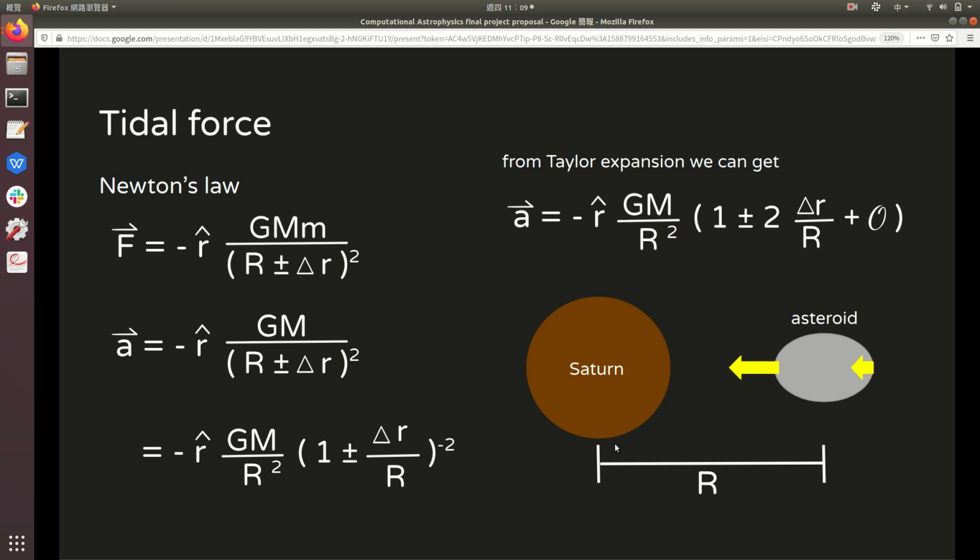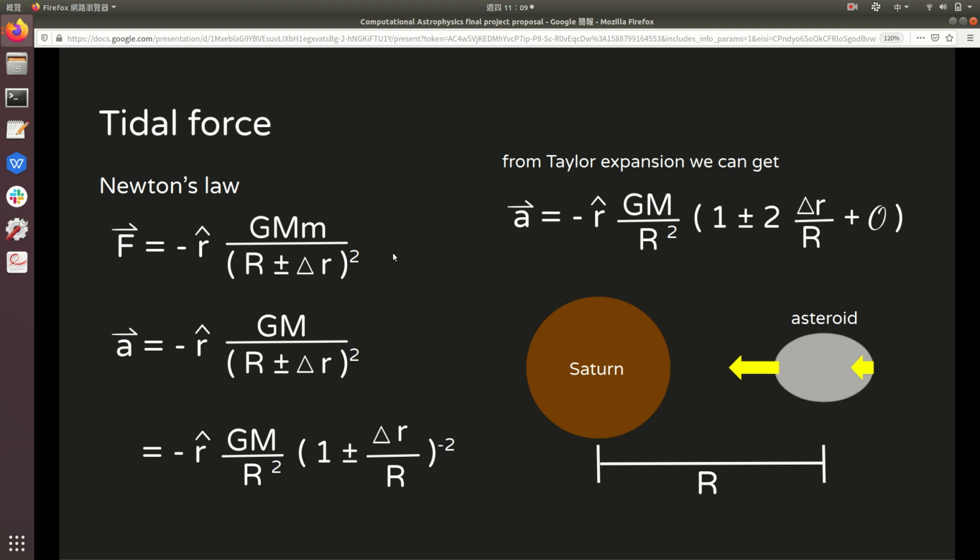Then let's talk about the tidal force. The tidal force is the gravitational force discrepancy on different parts of the object. So from Newton's law, we can see that the gravitational force F is equal to minus G M m divided by r squared in the r direction.